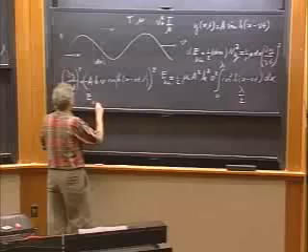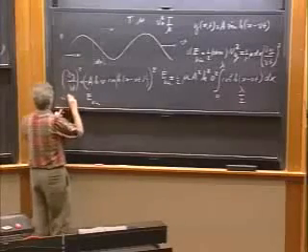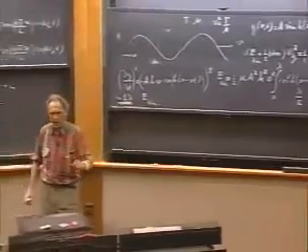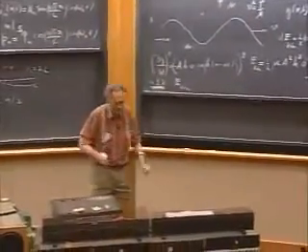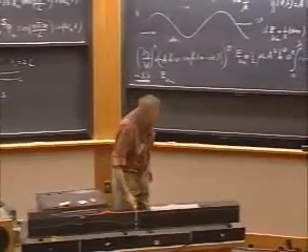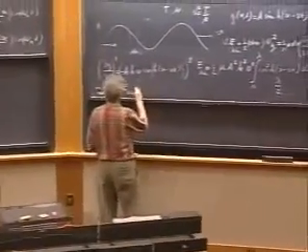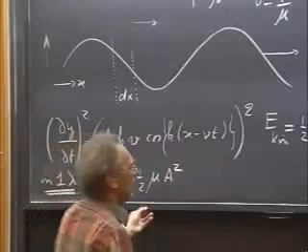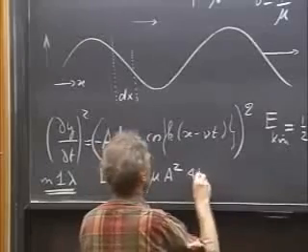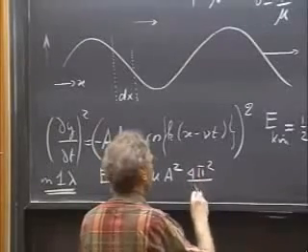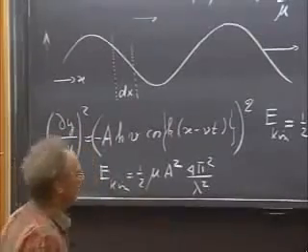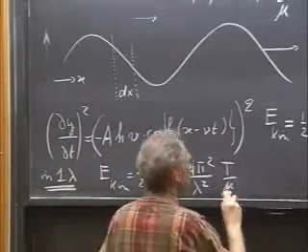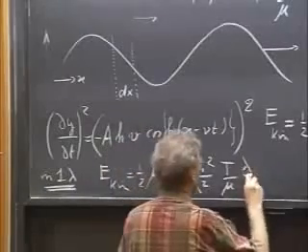So E kinetic now, and this is in one wavelength. This is my shorthand notation. So all I'm calculating for you now is how much is in one wavelength. So you're going to get now 1/2 mu, you get an A squared. The k squared I can write down as 4 pi squared divided by lambda squared. For the v squared, I can write down T divided by mu, and then I have my lambda over 2.